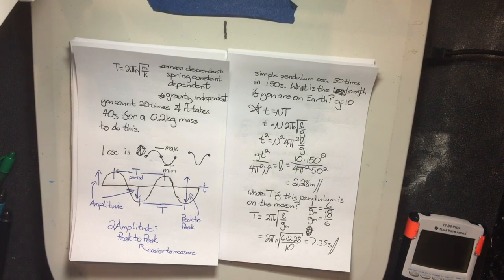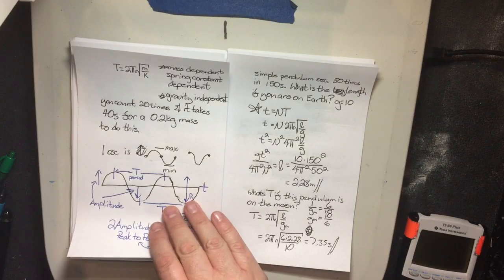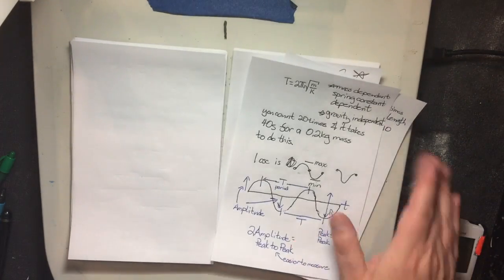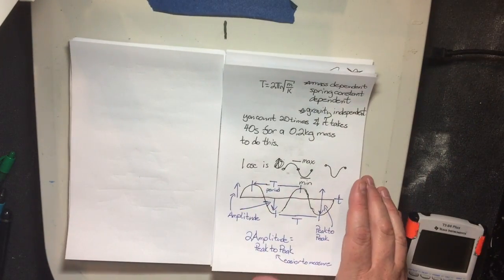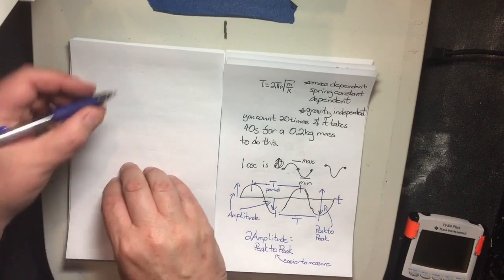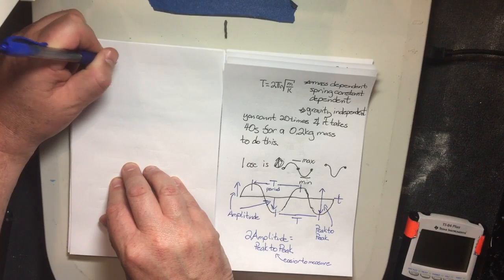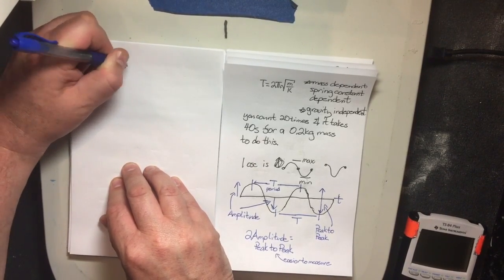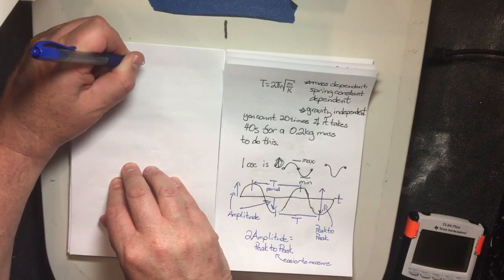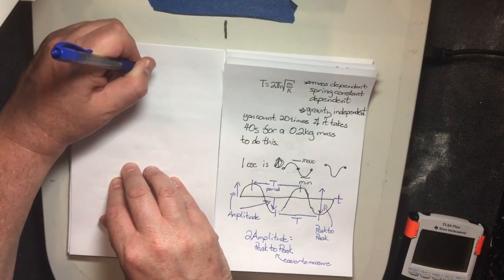So this thing is bobbing up and down, and you count: it goes up, down, up, 1, up, down, up, 1, down, back to up, 2, etc., until you hit 20. It takes 40 seconds to do this with the 200 gram mass. So to find k, T squared equals 4 pi squared m over k.